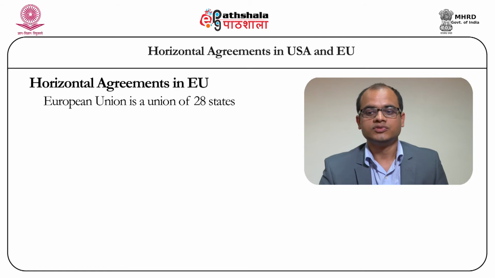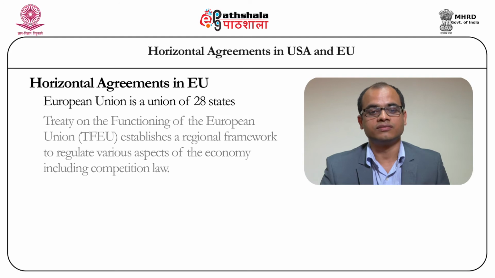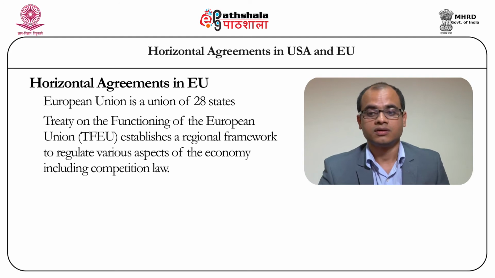The competition provisions of the EU were earlier established in the Treaty of Rome, which entered into force in 1958. The current regulation, which lays down rules implementing the provisions of the current treaty, the Treaty on the Functioning of the European Union, also called the Treaty of Lisbon, entered into force in 2009.